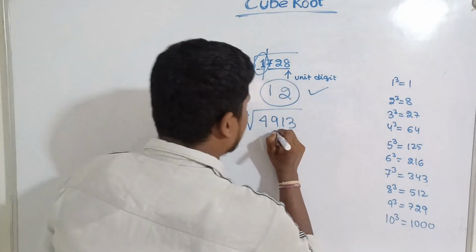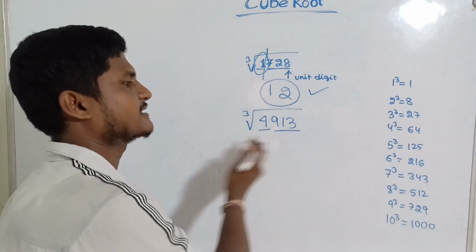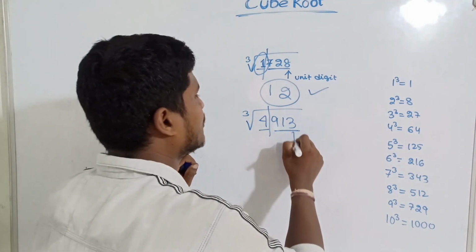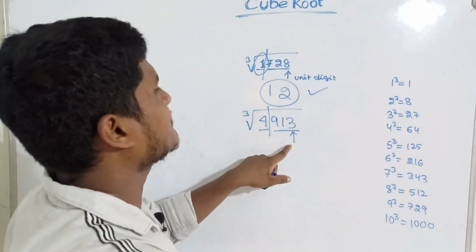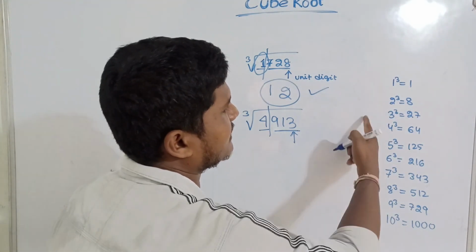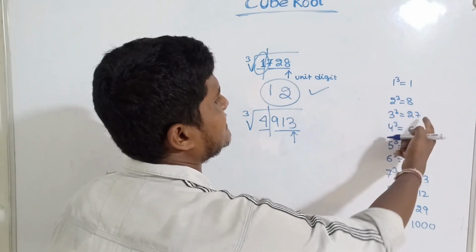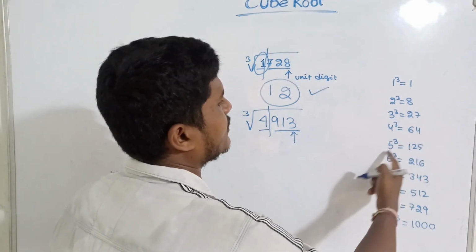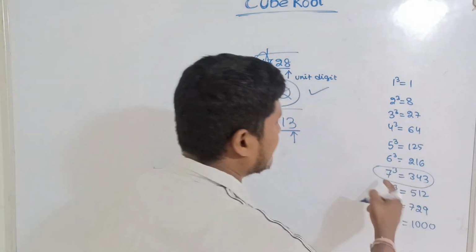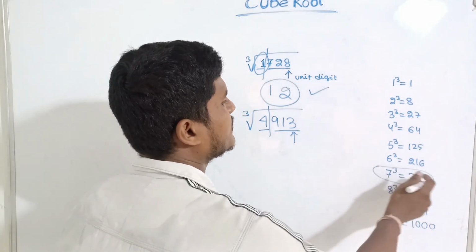Suppose I want to find the cube root of 4913. Here also mark the 3 places, and mark the remaining places separately. Here the last three digits are 913, and the unit digit is 3. Which number's cube has unit digit 3? Look, 1 cube is 1, 2 cube is 8, 3 cube has unit digit 7, 4 cube has unit digit 4, 5 cube has unit digit 5. So I found 7 cube has unit digit 3.